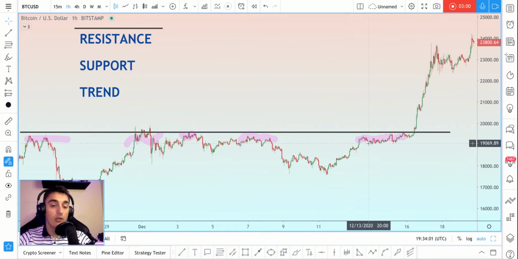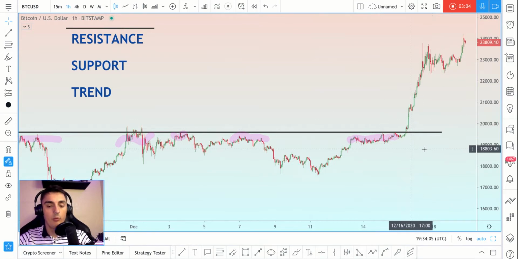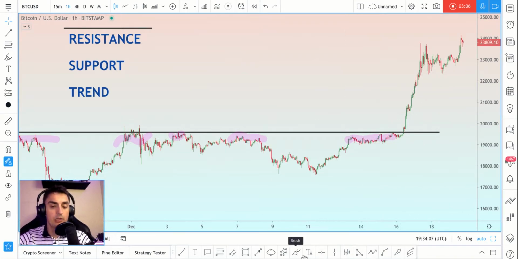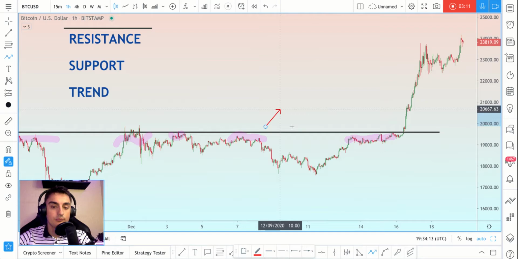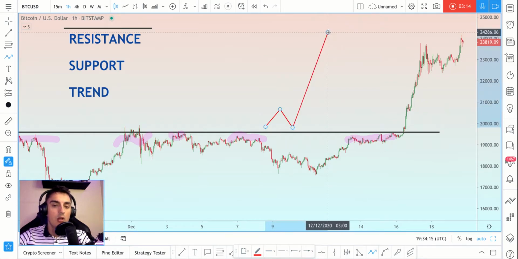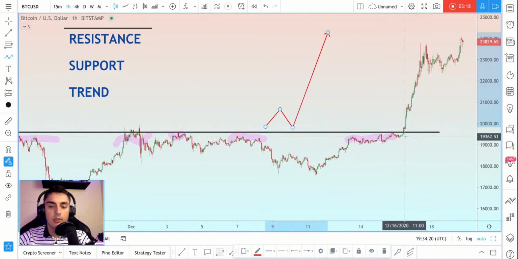It is a resistance, and when the price breaks it, or when the price reverses from it, then I'm going to take a trade. So how can you trade it? You can trade the breakout, or you can simply trade the rebound.